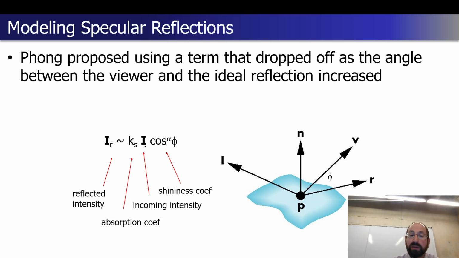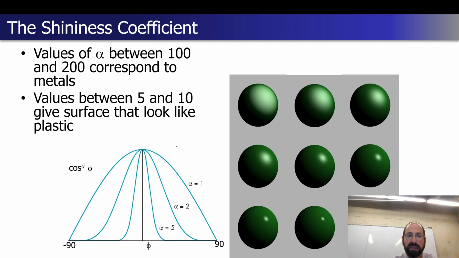So given incoming intensity of light, and this would be calculated for R, G, and B separately, given some absorption coefficient for R, G, and B separately here, you would then have to determine, for where the light source is located and where our viewer is located, V dot R and raise it to that power alpha to get our specular highlights here.